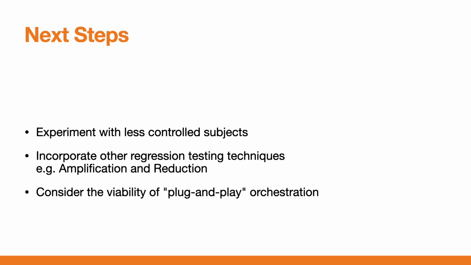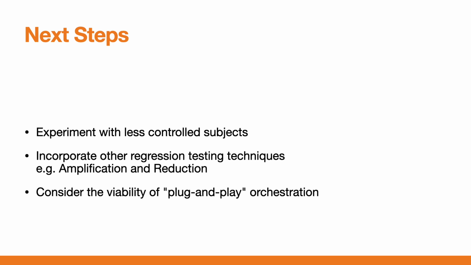And finally, the next step of our work is to experiment with subjects that are less controlled. We have used for these experiments a data set called Defects4J, which curates the failures somehow, and the next step is to run it on an open source project that has no curation, just as it is.